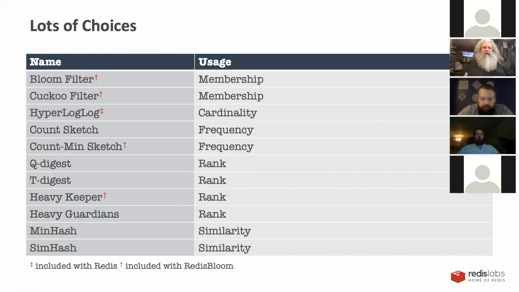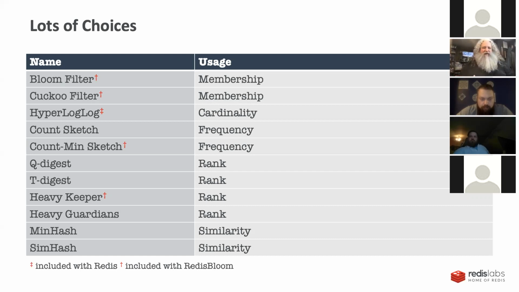You've got count sketch and count-min sketch. We're not going to get into either one of these in these talks, but they let you count frequency. That's a little different than cardinality because you're counting how frequent items are in the set.